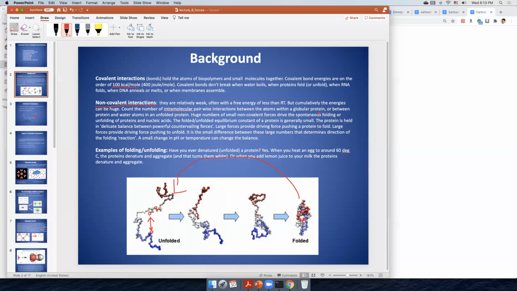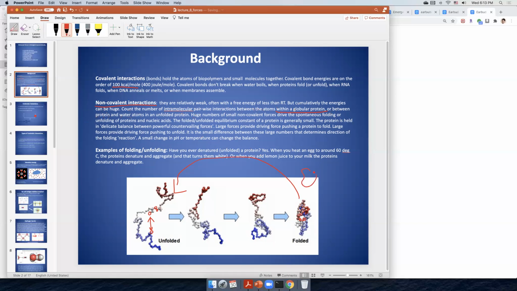Such bonds are always found within globular proteins, for example like this one, and also between protein and water atoms, and also in protein-protein interactions.